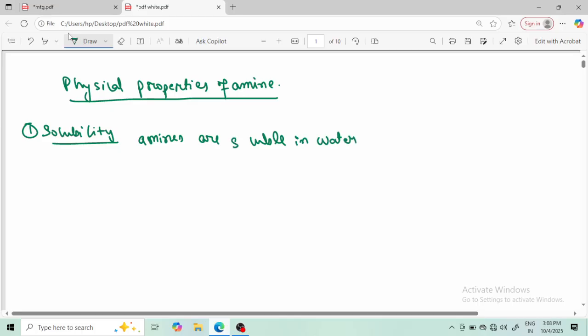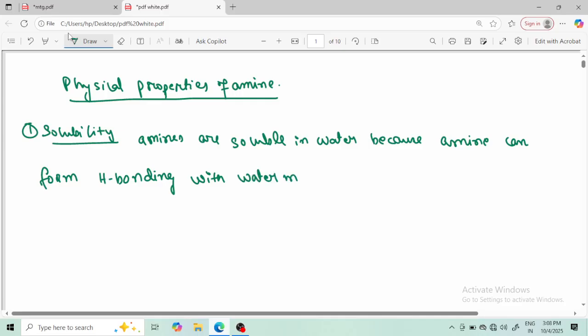They are soluble in water, and they will ask the reason for why they are soluble, because amine can form hydrogen bonding with water molecules. If you write this, you will get full marks for that, okay, if they ask a question on this. Now they ask questions on relations also.